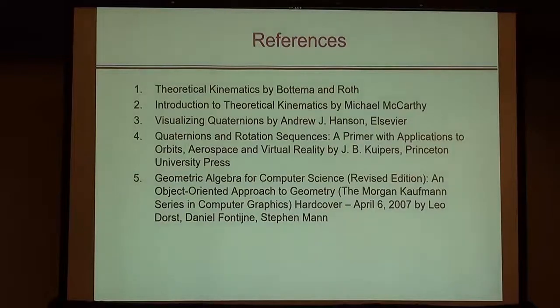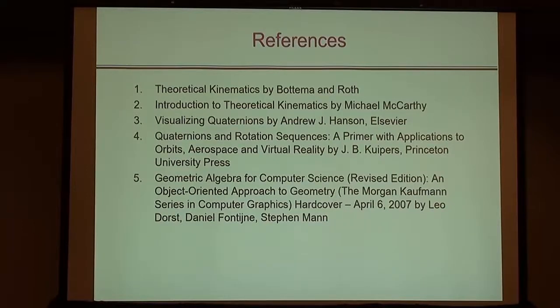Okay, so here is a list of references. The first one, of course, is the book Theoretical Kinematics by Bernie Roth. Some say that every chapter of this book can be a PhD thesis. So it's very deep mathematically, and Quaternion is just one chapter of the book.